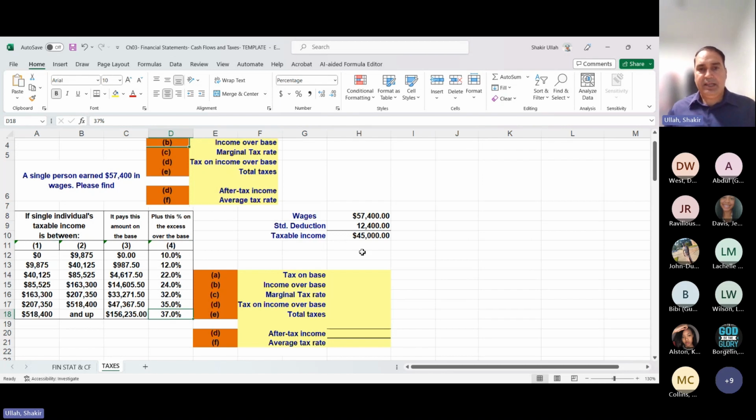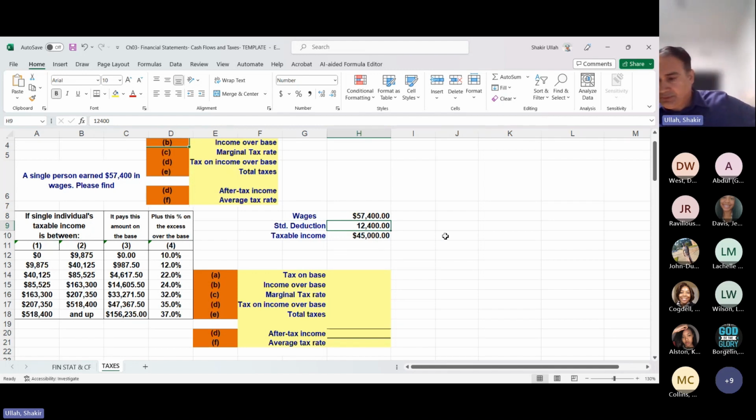All right, now let's look at this situation where we have an individual who earned $57,400 in wages, and we want to find his tax liability. The first thing that we need to do is to remove the standard deductions.